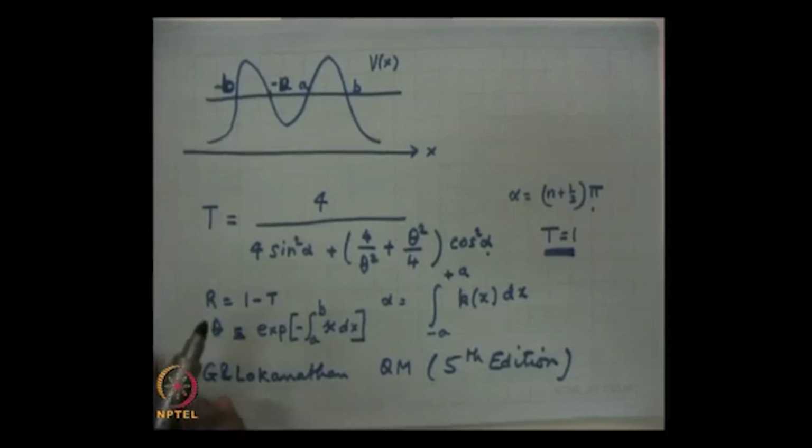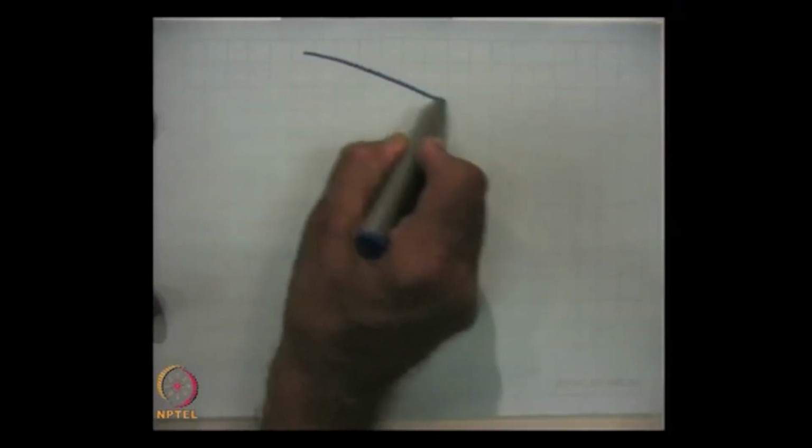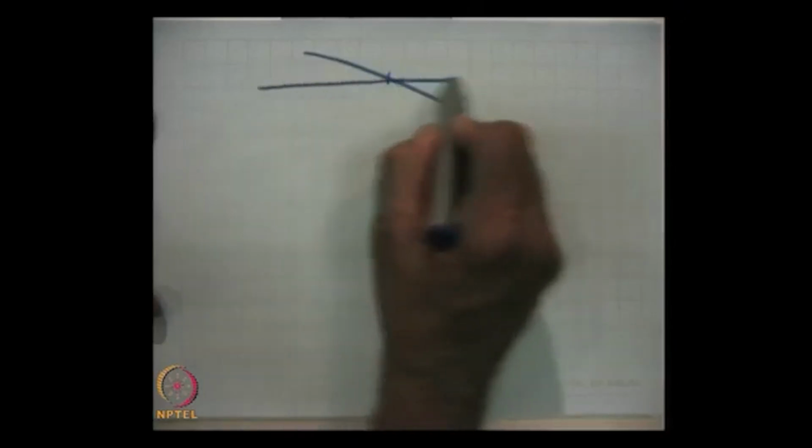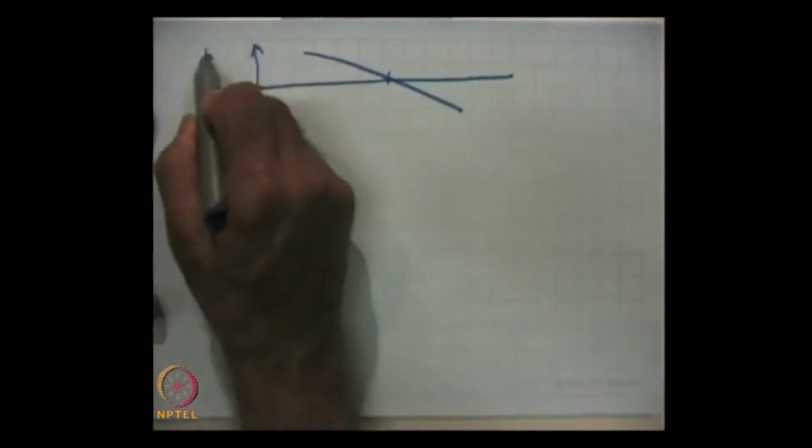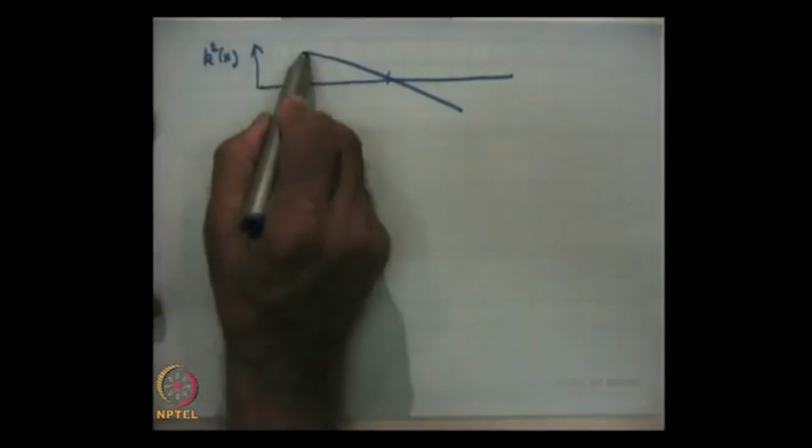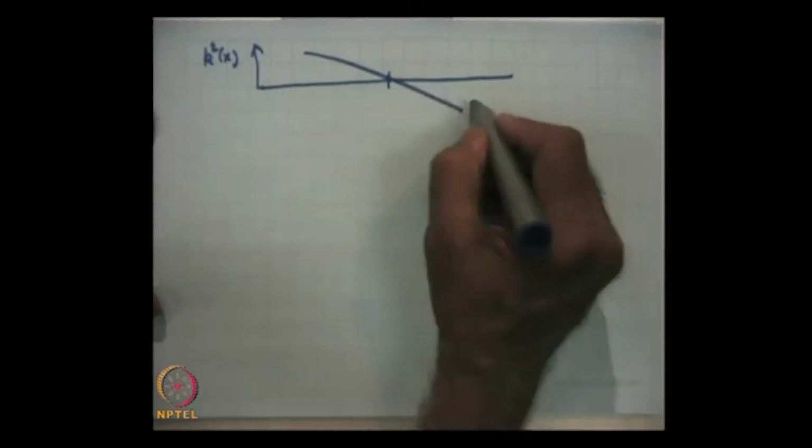Now, we then go over to calculating, justifying the connection formulae. For example, if you have a k square of x variation like this, and you have a 0, so that on the right side of the turning point you have exponential solution, and on the left side k square of x is positive.